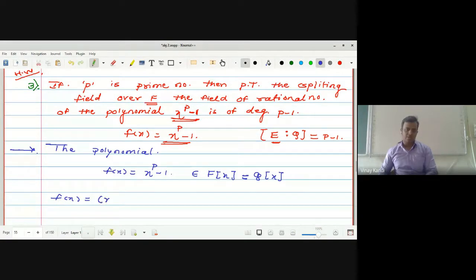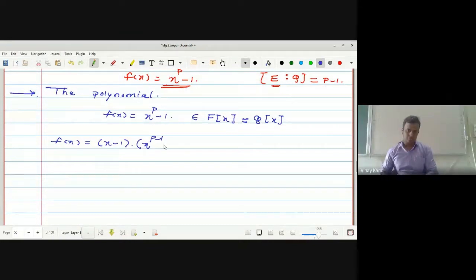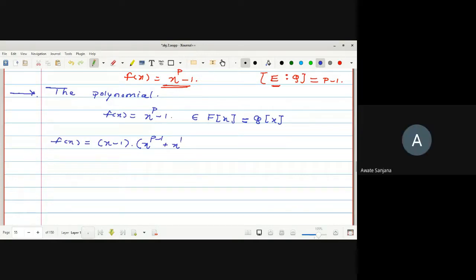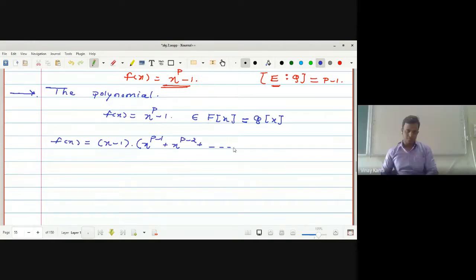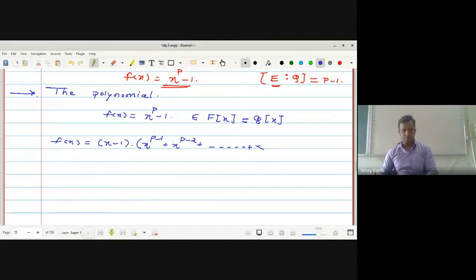Which ones? x minus 1 and the other factor is x raised to P minus 1 plus x raised to P minus 2, and so on, plus x square plus x plus 1.